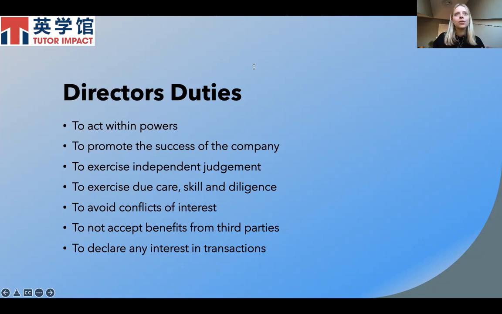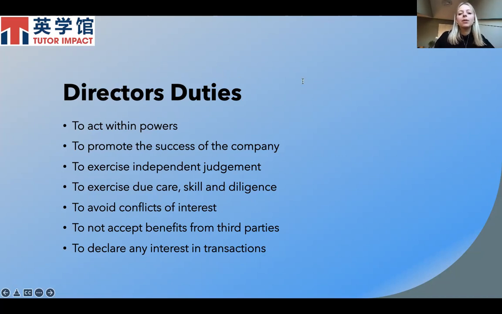So there's sort of two sides to this. There's the objective limb, which looks at this duty in terms of a general director, so it doesn't take into account a director's specific knowledge or experience. It looks at whether that director acted with the general knowledge, skill, and experience that would be reasonably expected of someone in his position.